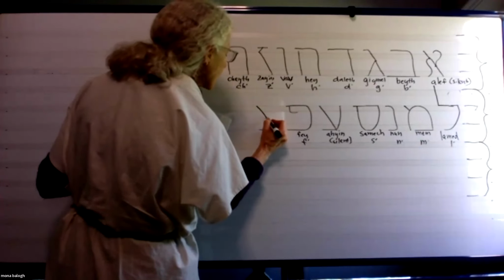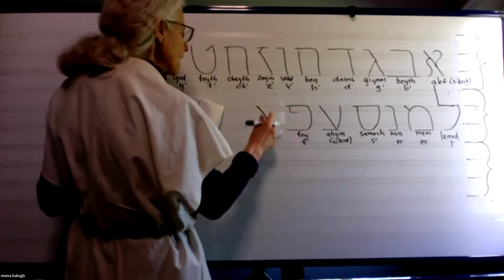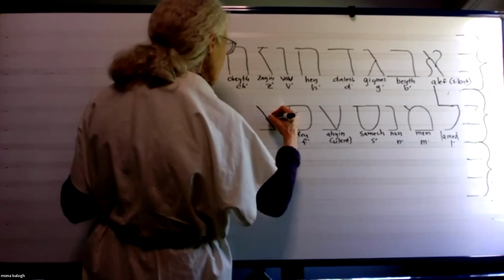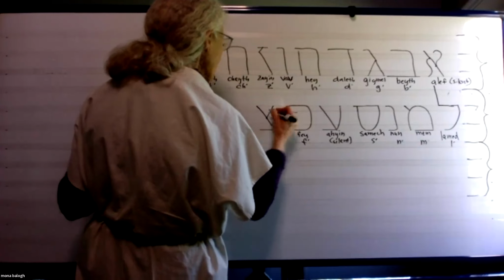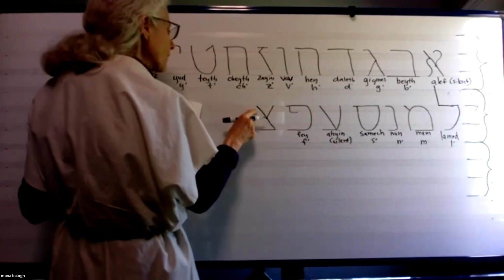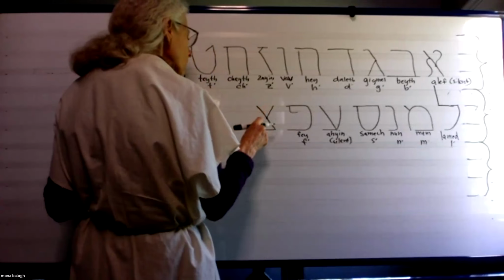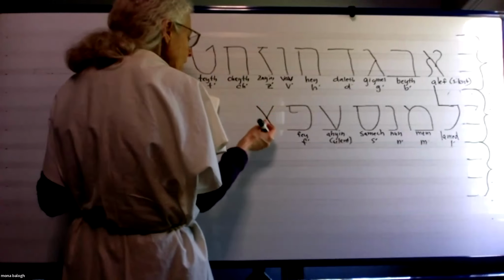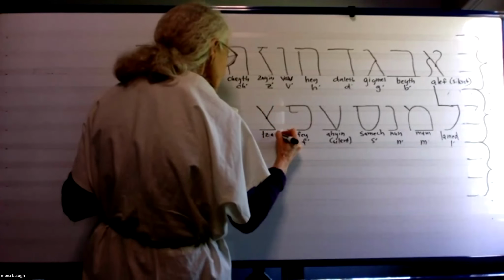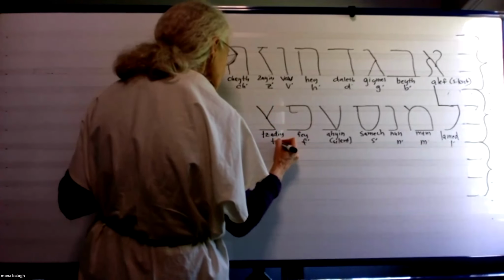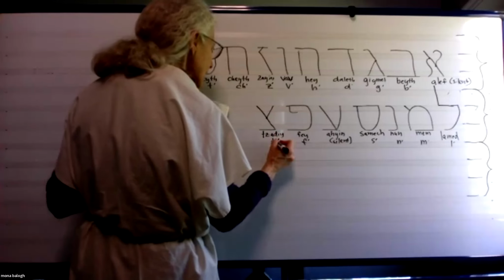Then you're going to divide this line of the tzadi in half with the dot and come up and make an equal line with the left one. It looks sort of like a champagne glass or some kind of a glass on a handle. Tzadi. S, like cats or pizza.